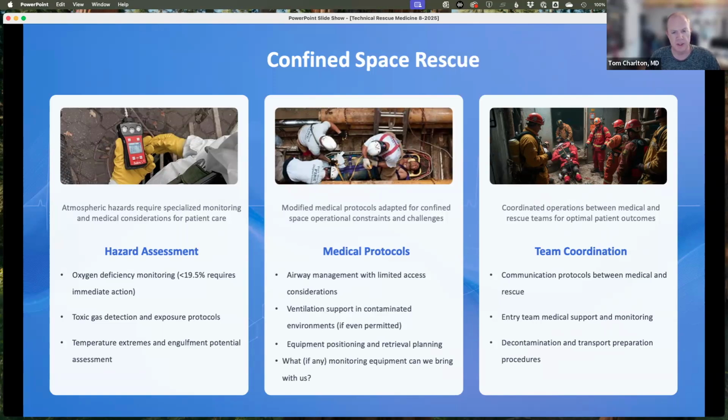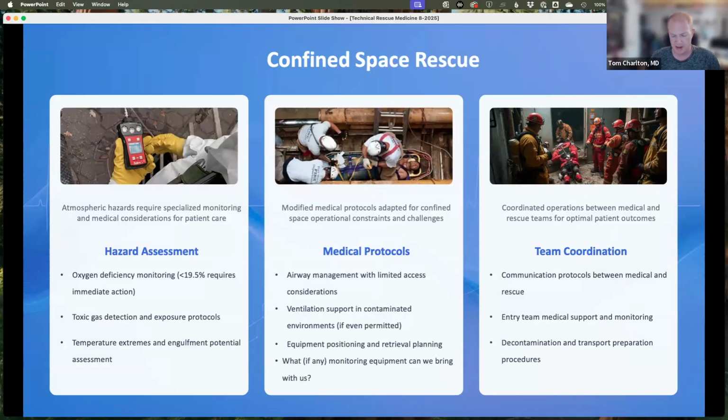Again, similar to when we're dealing with crush injuries, we need to be prioritizing our medical care according to what we're able to accomplish. It may be, especially if we're in an atmosphere that may be potentially explosive or may have the potential for significant fire, that we're not able to bring a cardiac monitor down there.